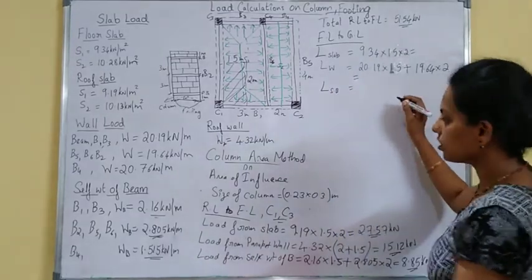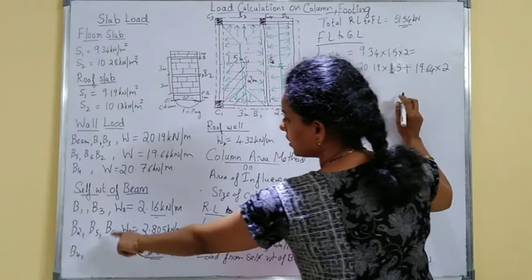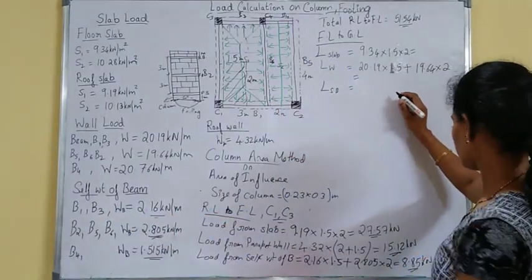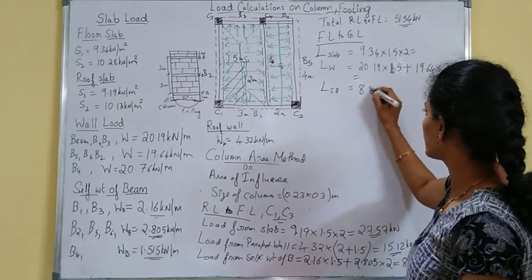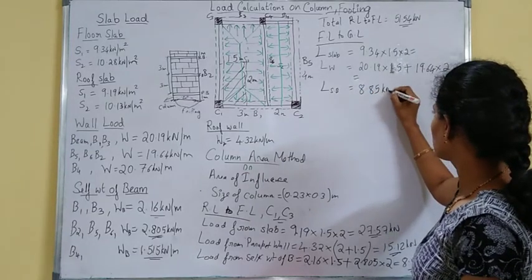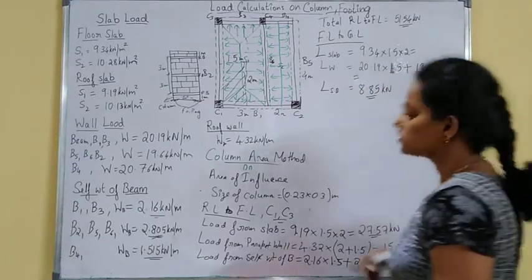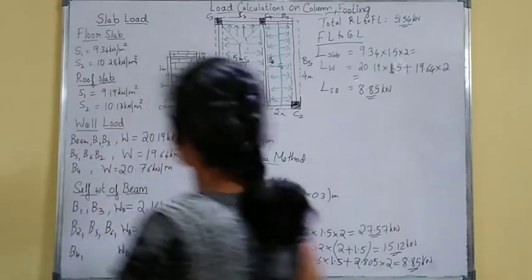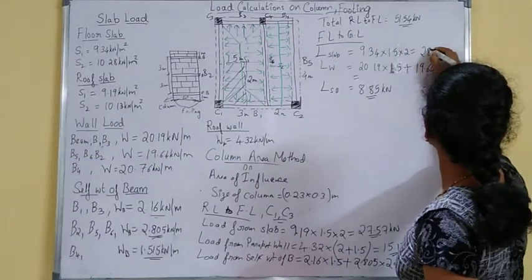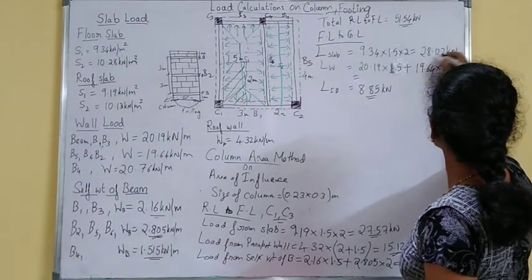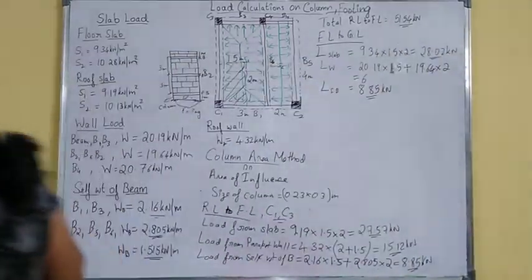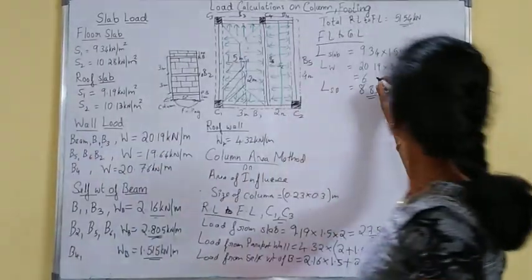So the self-weight of beam here, it is B1, it will be the same. The self-weight of beam that you calculated earlier is 8.85 kilonewton. Okay, just calculate: 28.02, and this is 69.57.